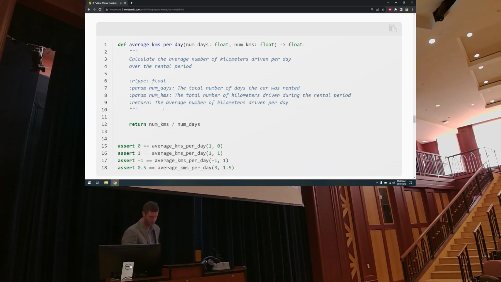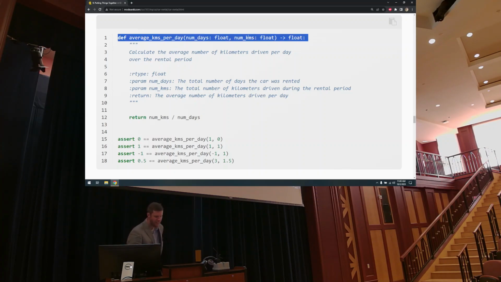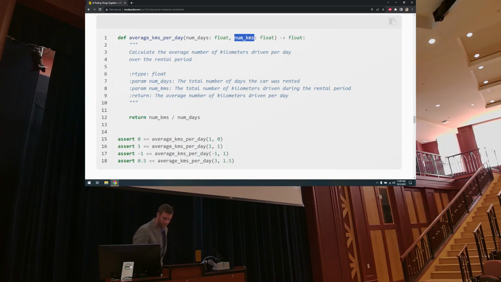Really good. You might say to yourself, look, if this function takes number of kilometers, presumably the only way we would know what the total kilometers is is if we called the other function first, calculate total number of kilometers, right?